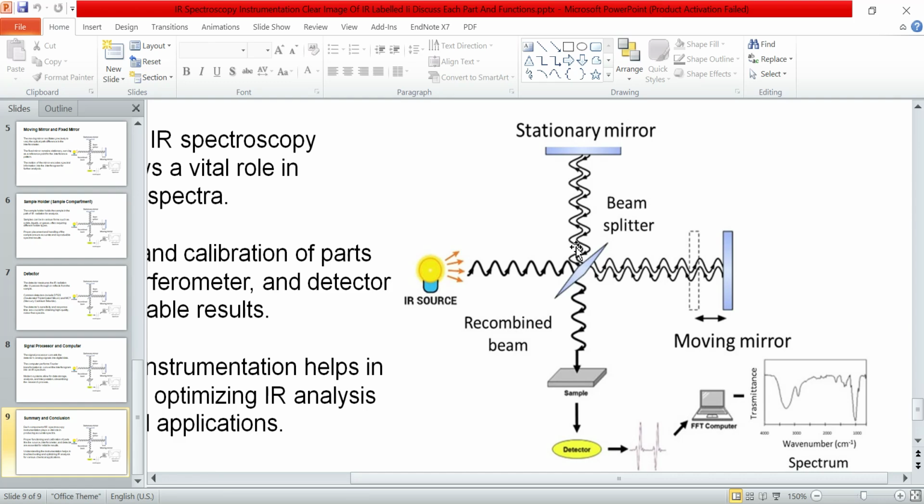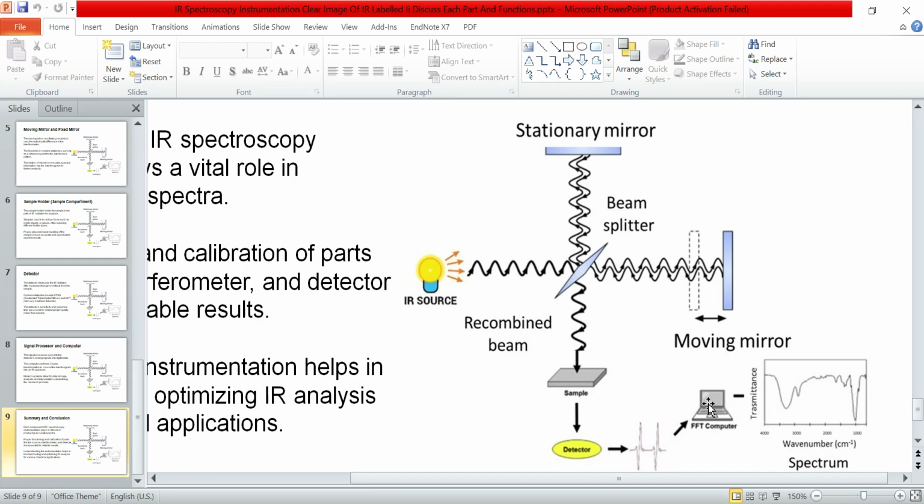Then the rays come to the sample, and we have a sample holder. When the electromagnetic radiation is absorbed by the sample, we have a detector here. It detects the electromagnetic radiation and produces an interferogram. After that, it goes towards the computer.